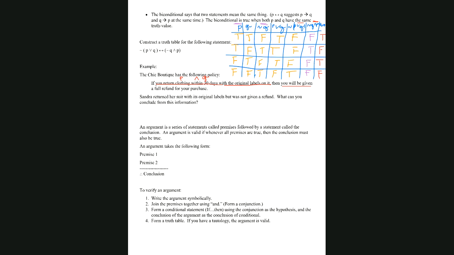You will be given a full refund is an R. So what we're saying here is if P and Q, then R.